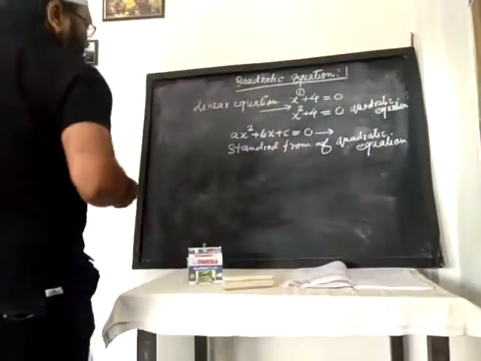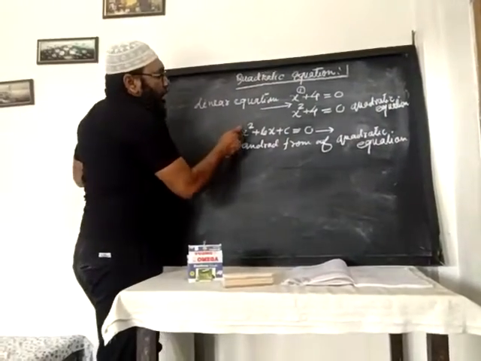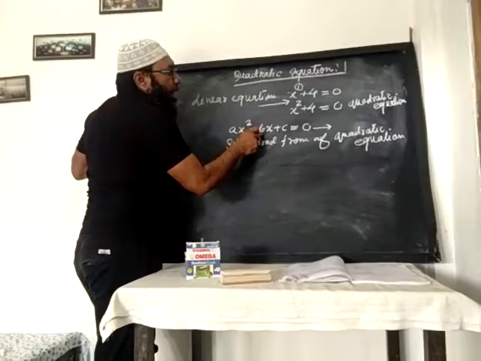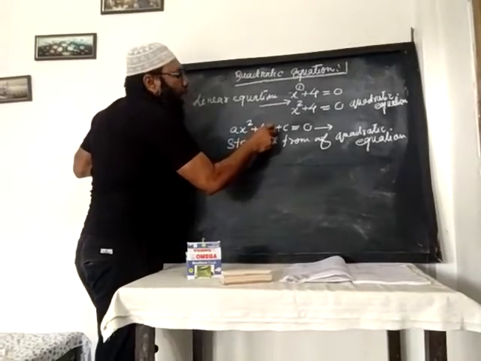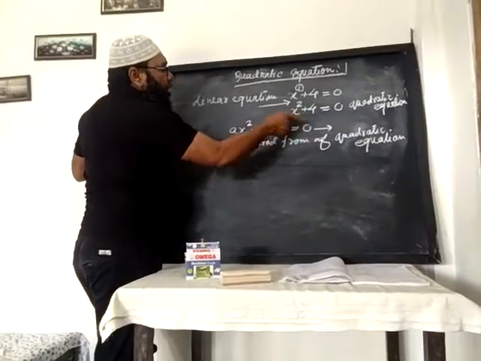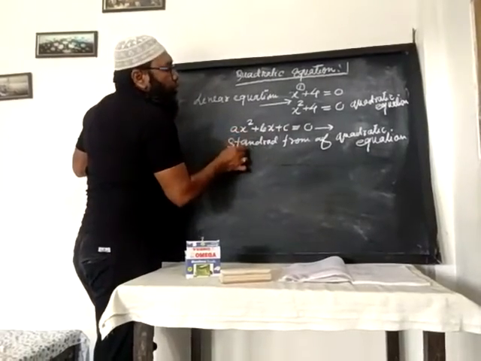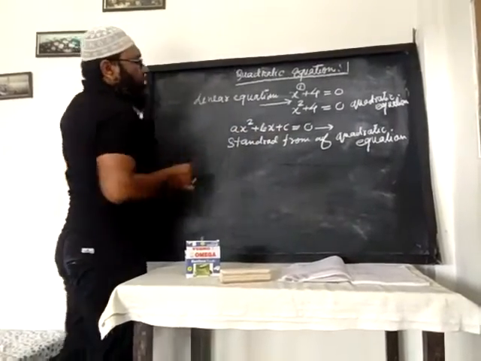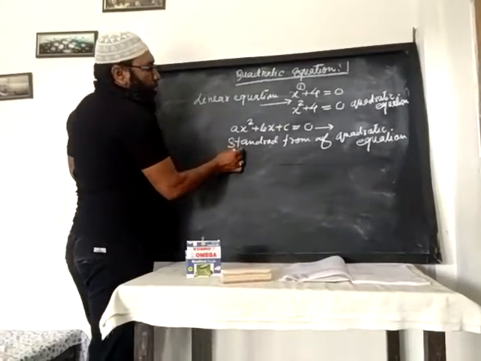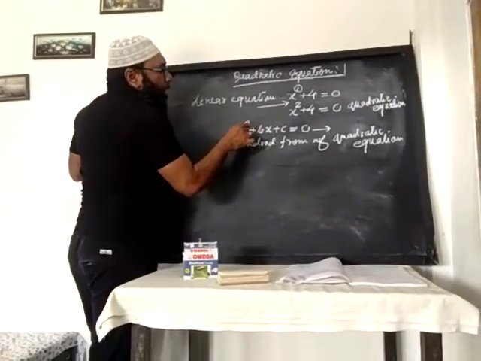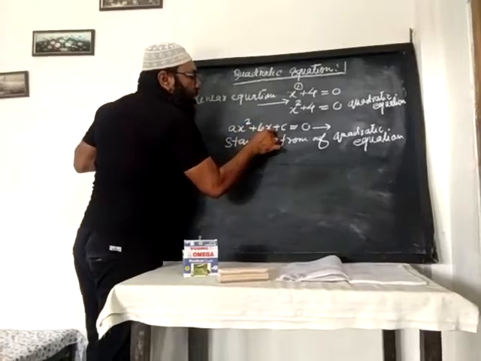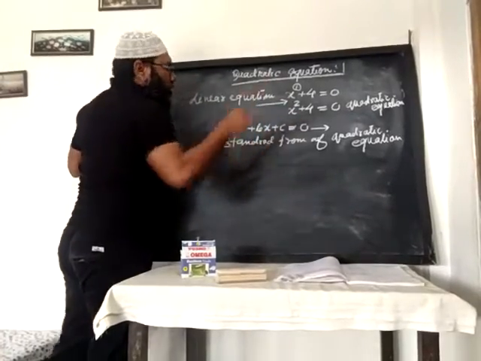Because here ax squared has highest power 2, bx has highest power 1, and c is a constant. This is the standard form of a quadratic equation: ax squared plus bx plus c equals 0.